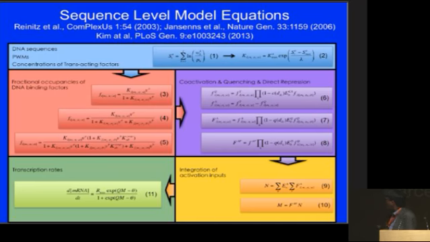And just to give you a little bit of the flavor of the phenomenology, this term here is where the short-range repressors act. And so we take every activator. These F's describe the fractional occupancy of a binding site. That's a number that ranges from 0 to 1. And for each activator site, we convolve it with the short-range repressors.